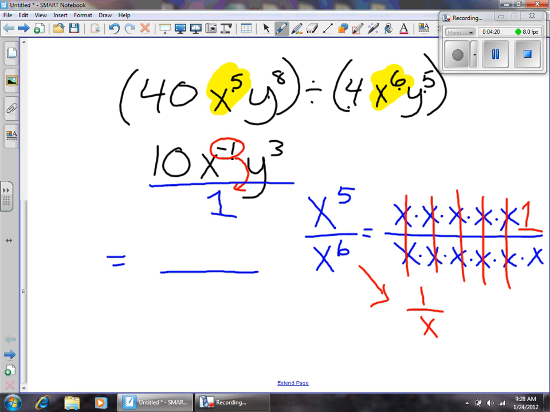The 10's exponent is positive 1, so he stays in the numerator. The y's exponent is positive, he stays in the numerator. The x to the negative first moves to the denominator, and the exponent becomes positive. Why? Just look back over here. This x right here has a positive 1 for an exponent, doesn't it?